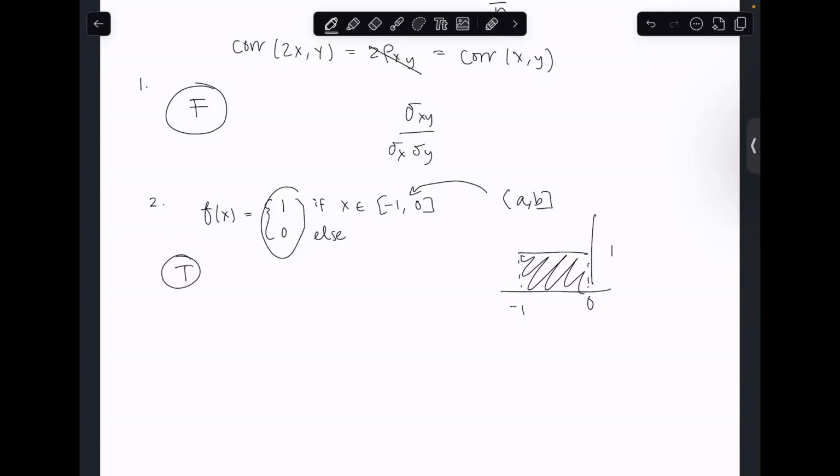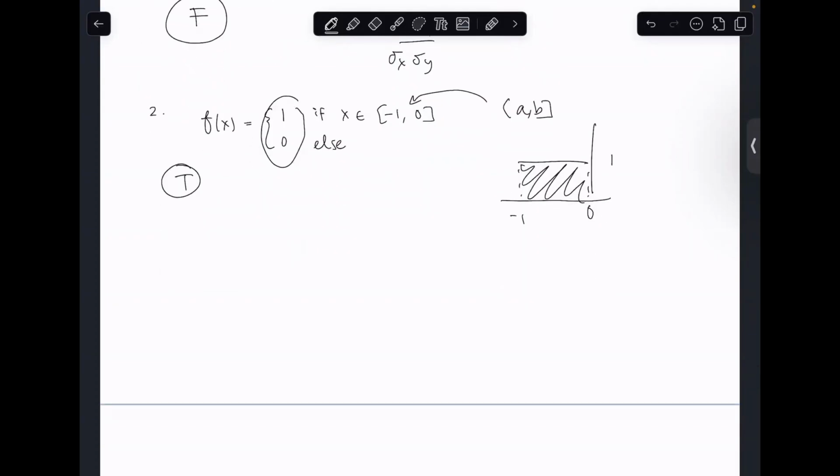True. Awesome. The next is question 3, or I guess 1C: if random variables x and y are independent, then for any y, the conditional mean of the expectation of x conditional on y is equal to just mu x. So let's remember that this is equal to our joint density function over whatever the second one is, which is y. So that's our marginal density function for y.